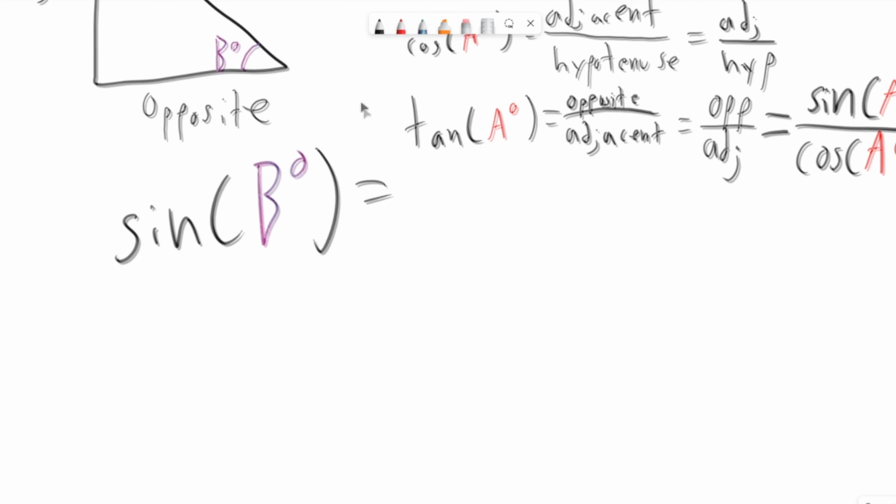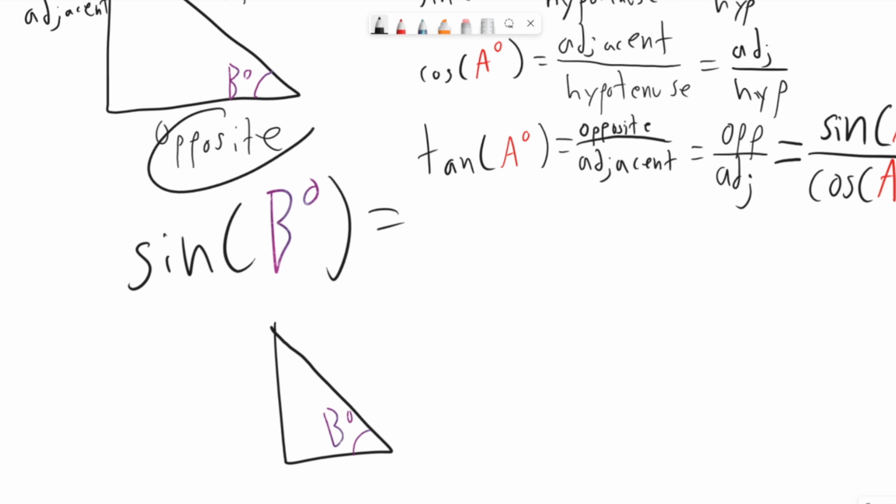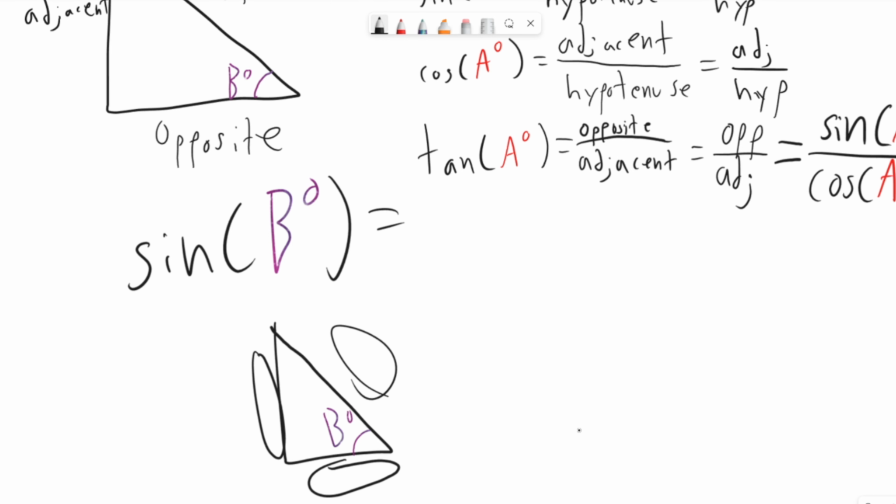However, in this example, the opposites are going to be different from the perspective of where b is. Opposite, instead of being right here, opposite would be this side, adjacent would be this side, and then this would still be the hypotenuse. So you just do the same calculations with that, and that would be your b degrees.